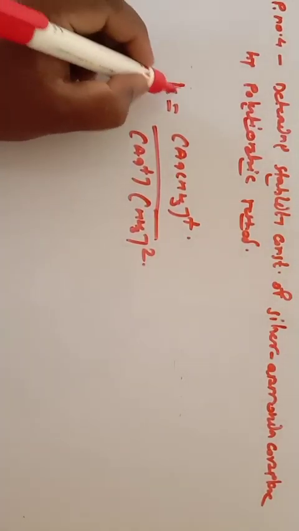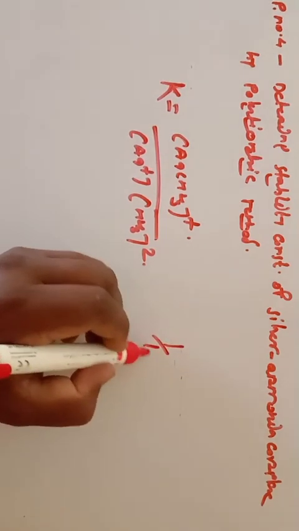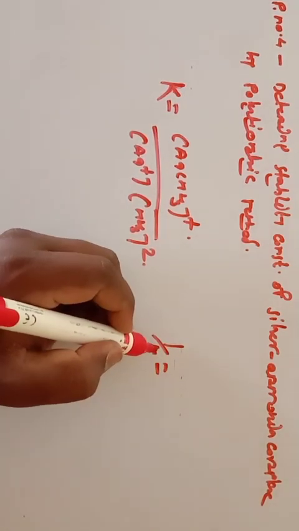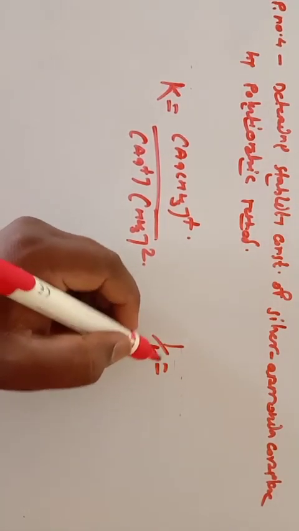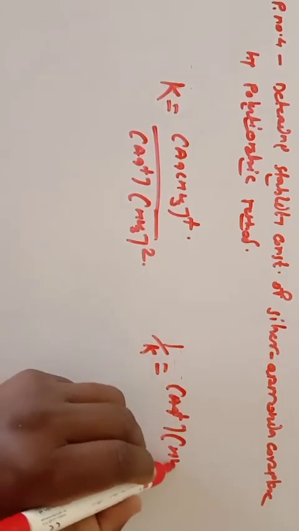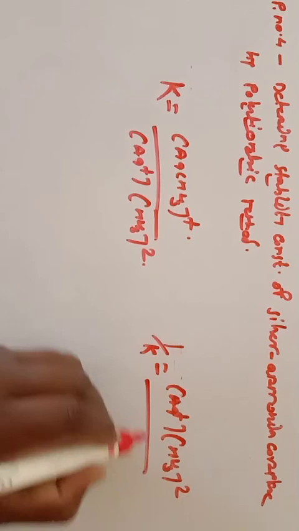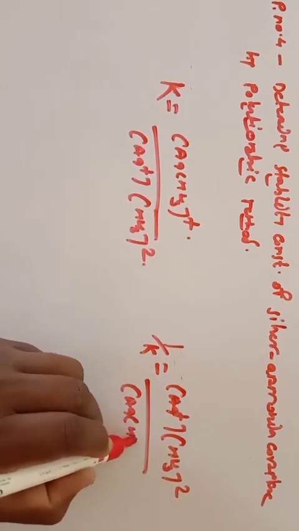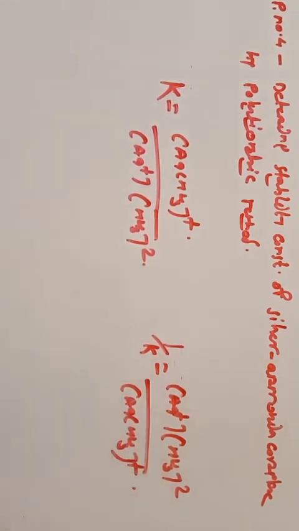Then the instability constant, 1 upon K, can be easily calculated. It is just the reverse: the concentration of Ag+ into the concentration of ammonia squared, divided by the concentration of the silver ammonia complex. So this is all about the stability constant of the silver ammonia complex.